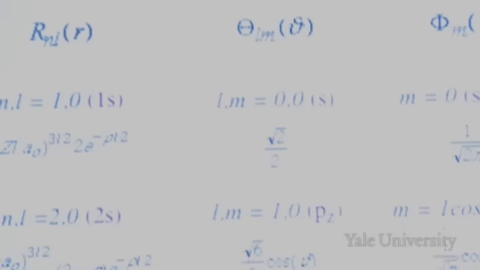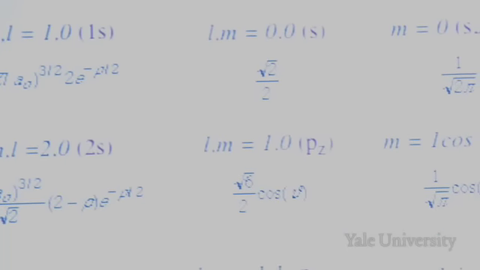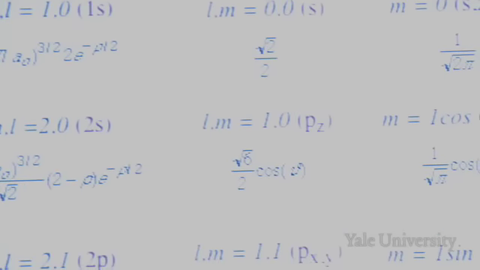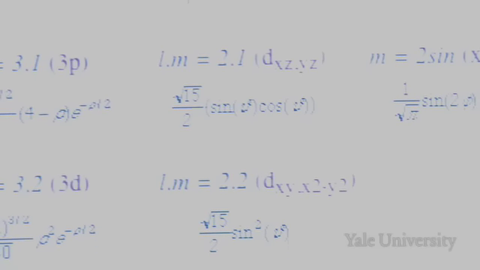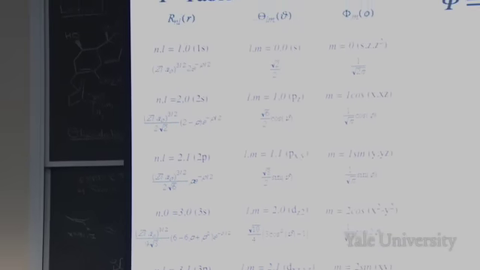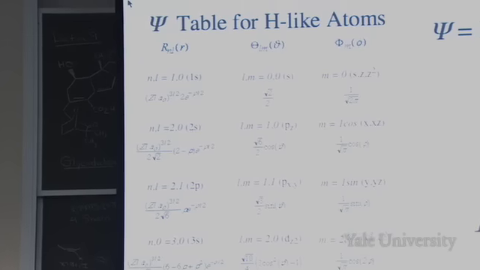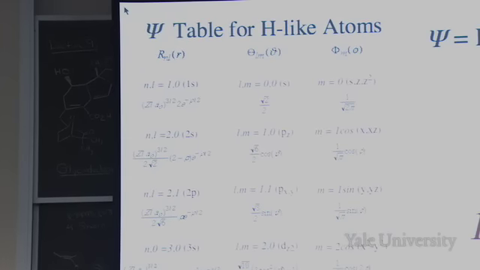For M to be non-zero, like here, you have to have an L that's greater than 0, okay? So to get a solution, if you chose n equals 1, L had to be 0, because that's the only choice here, you can't have a higher L, then M is also going to be 0. So you got to take this times this times this.